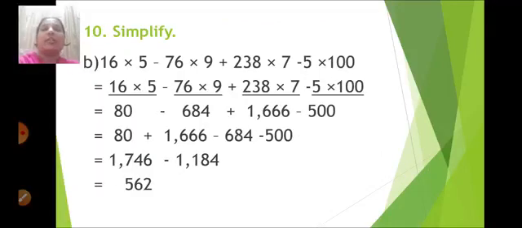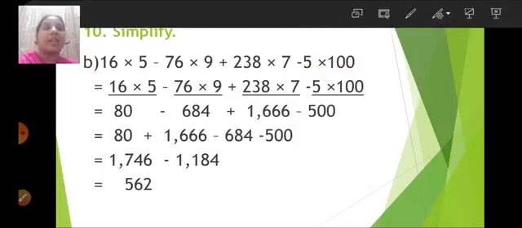Now question number 10 is simplify. Here you can see we will be solving question number B, which is 16 multiplied by 5 minus 76 multiplied by 9 plus 238 multiplied by 7 minus 5 multiplied by 100. So children, which operation will we do first?